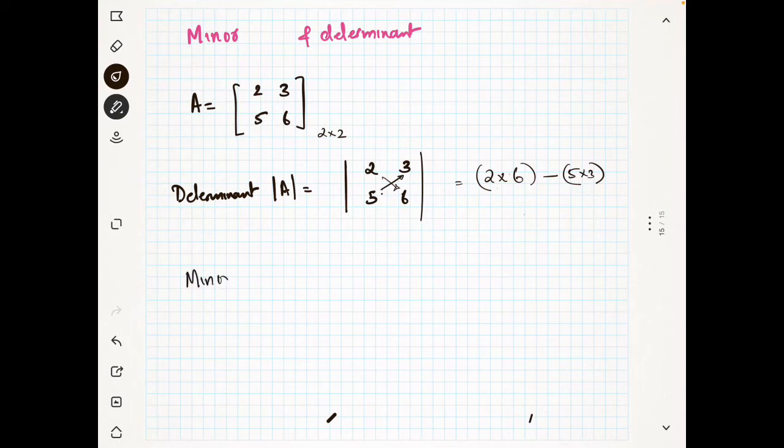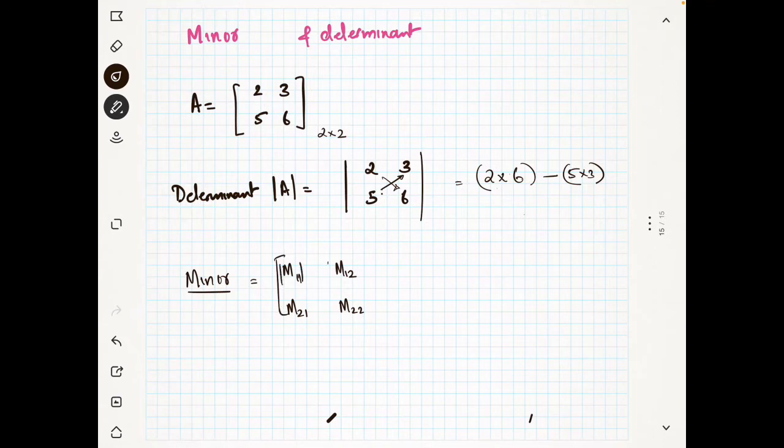The minor matrix can be written as M11, M12, M21 and M22. So this is the minor basically. You can represent it as a matrix.